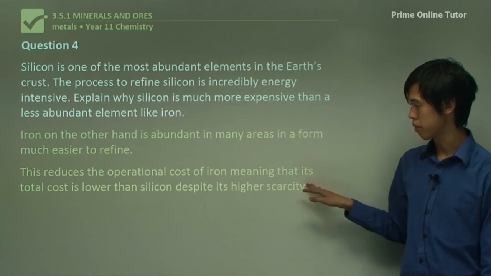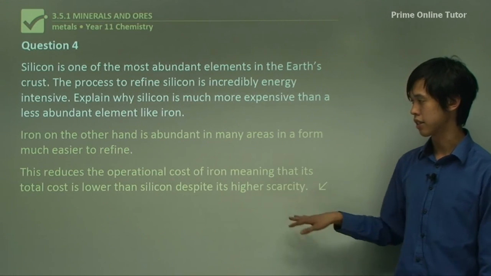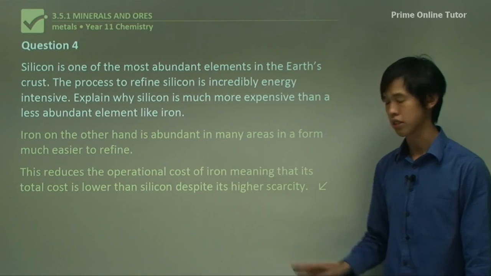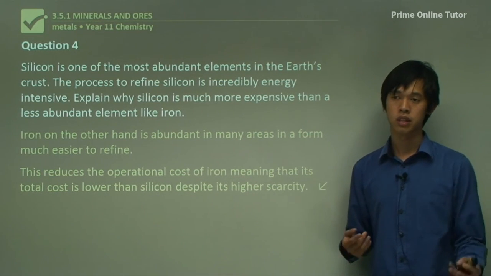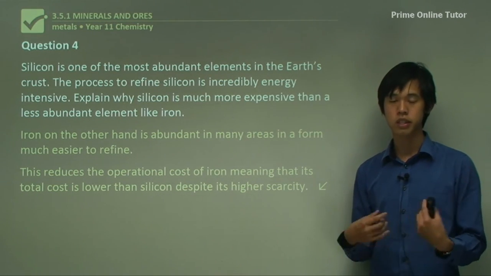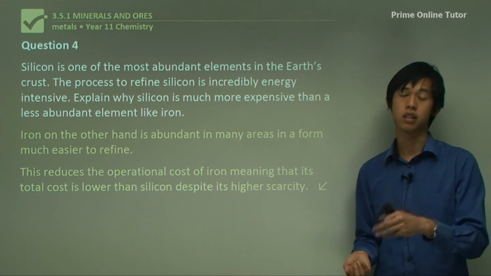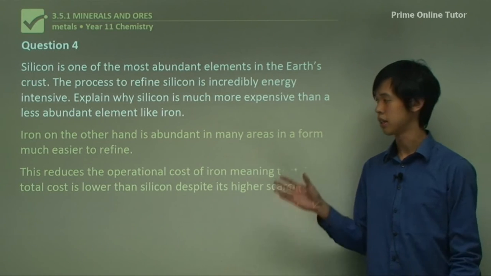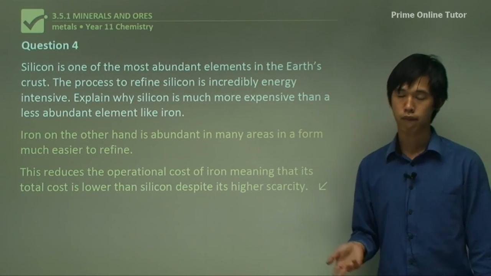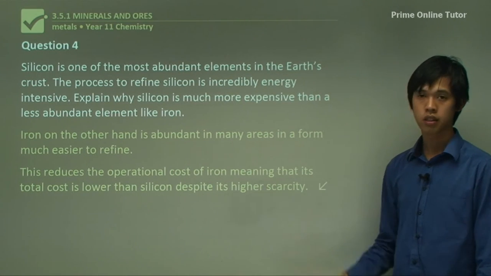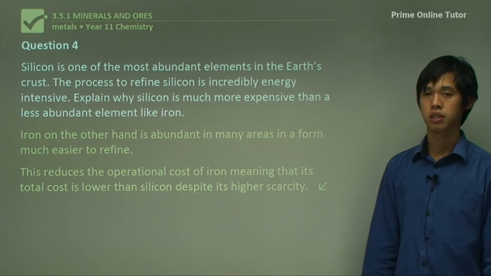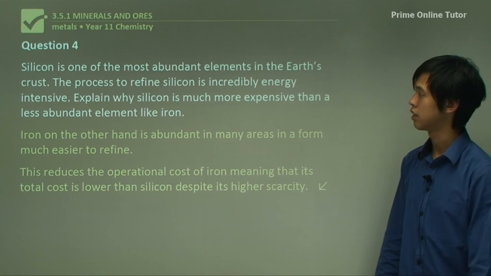This reduces the operational cost of iron, meaning that its total cost is lower than silicon despite its higher scarcity. So it's less abundant, but it's so much easier to refine that the total cost is less than the total cost of silicon. So that's why silicon is a lot more expensive, simply because it's harder to refine.